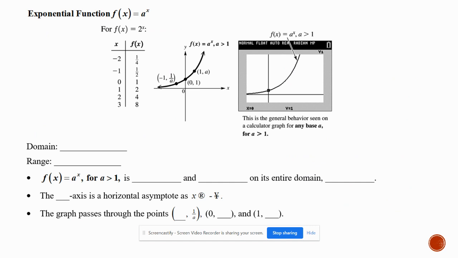Exponential functions for when a base is greater than 1. Our graph is going to start low and end high because this is going to be an increasing function. It is also continuous.